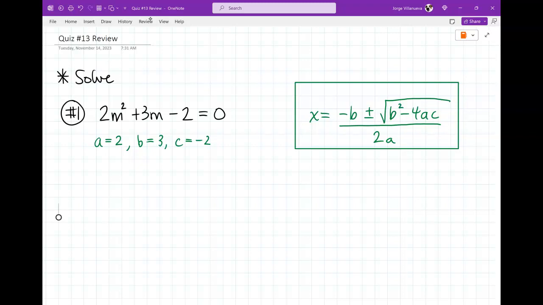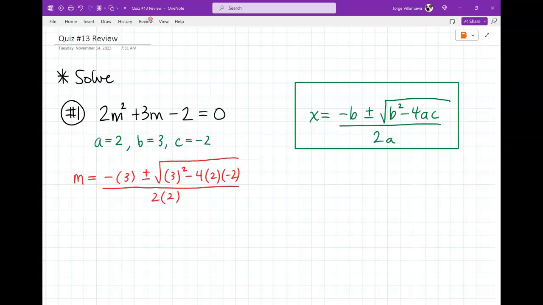So I have m equal to negative of b, which is negative 3, plus or minus the square root of b squared, that's 3 squared, minus 4 times a, which is 2, times c, which is negative 2, divided by 2 times a, which is 2 times 2.